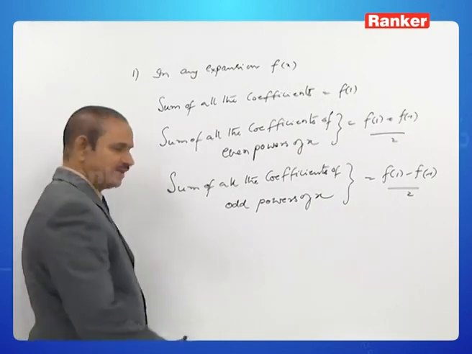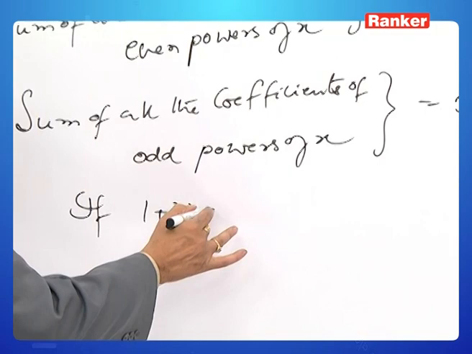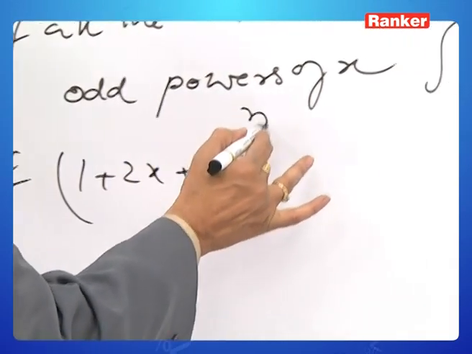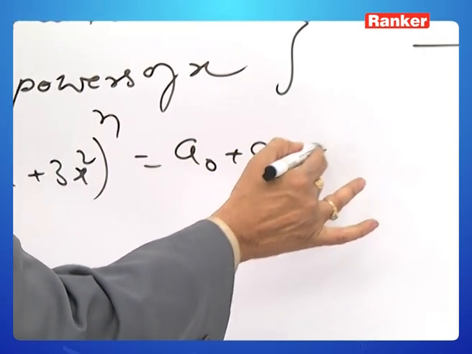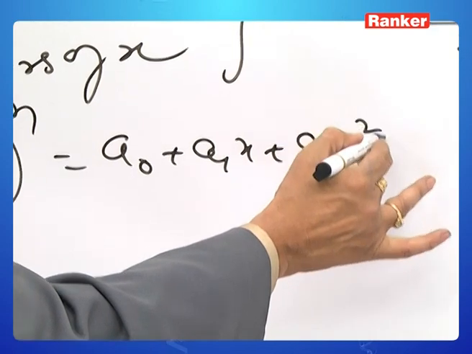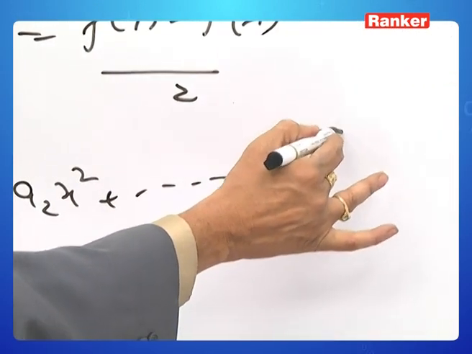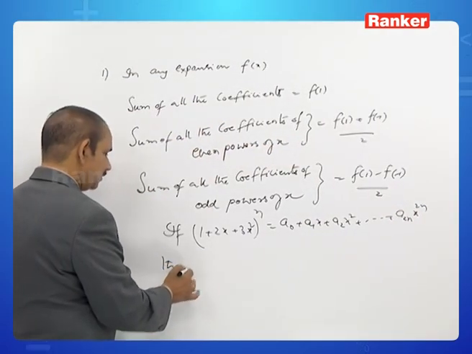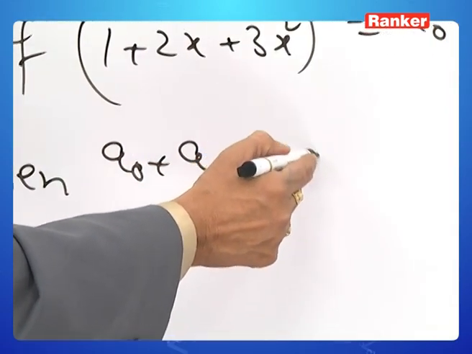Let us have an example. If (1 plus 2x plus 3x square) whole to the power of n is equal to a naught plus a1x plus a2x square plus etc. a2n x power 2n, then what is the sum of all coefficients?